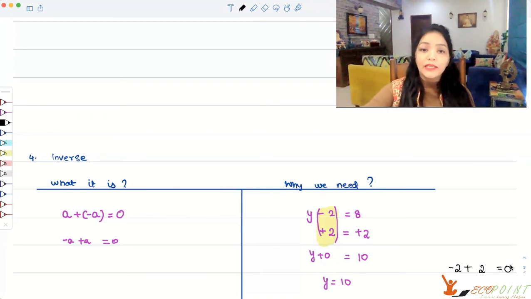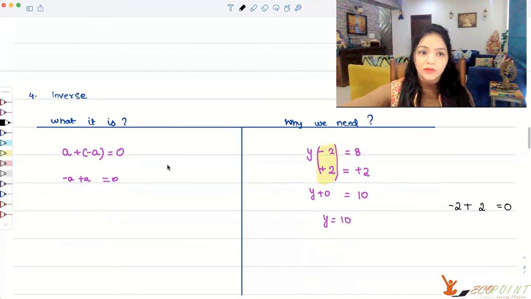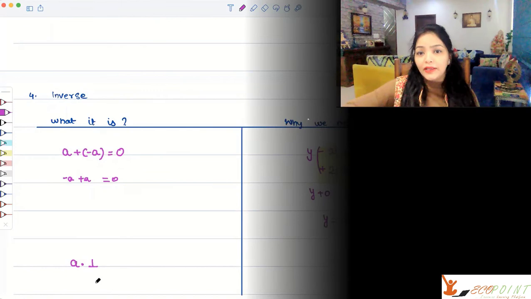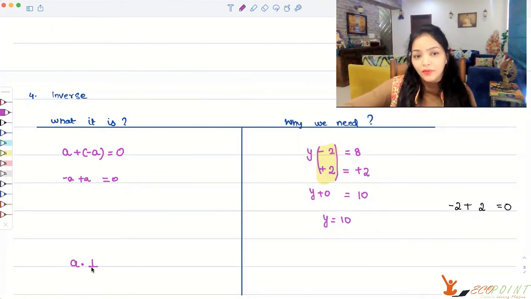Inverse in case of multiplication. So if your operation is multiplication, what is inverse all about? When you multiply a number with a, you get the multiplicative identity 1.